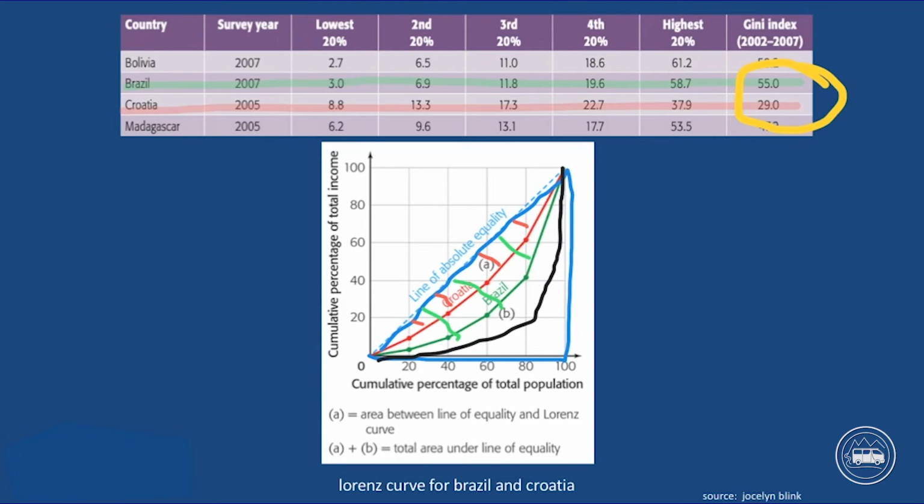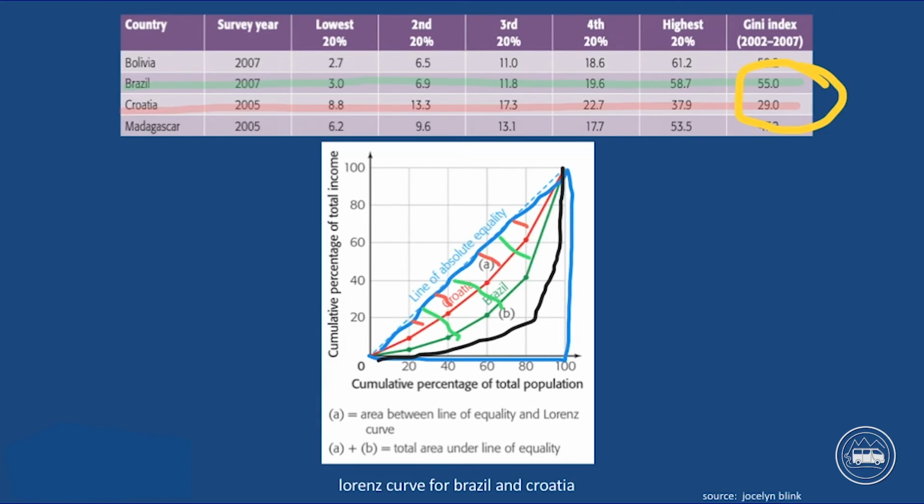And so the higher the Gini index, the closer it gets to 1, because it's an index, so put it in percentage. But if you just look at the coefficient, it would be like 0.55 or 0.29 or 0.70. So the closer the number gets to 1 for the Gini coefficient, the more unequal the distribution of income is in a country.